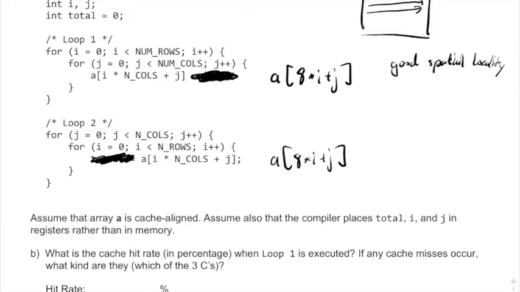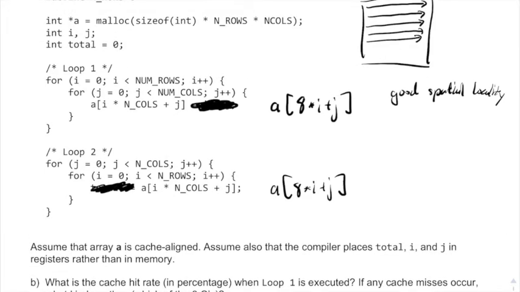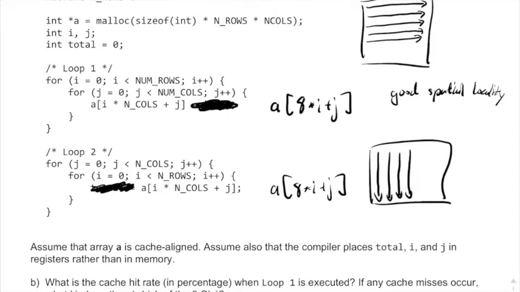This means that when we increment I by 1, we increment the pointer by 8. Whereas the previous one had good spatial locality, this one has terrible spatial locality because it jumps by 8 pretty much every single instance. This is probably going to be important later.